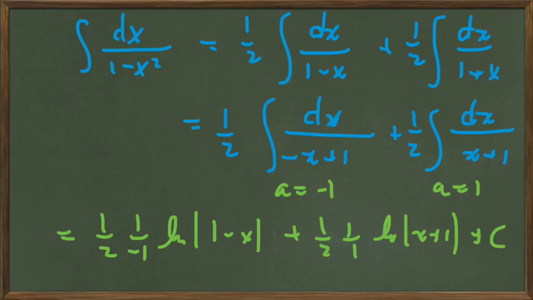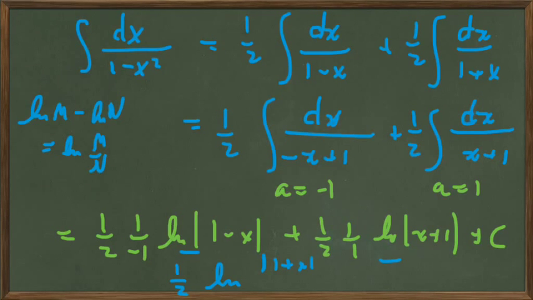Combine that into a single logarithm, and so it's this logarithm minus this logarithm with a 1 half out front, and when logarithms are subtracted, ln of m minus ln of n is ln of m over n, and so that gives us 1 half ln of the absolute 1 plus x divided by absolute 1 minus x plus c.